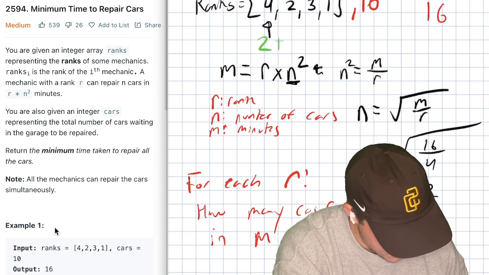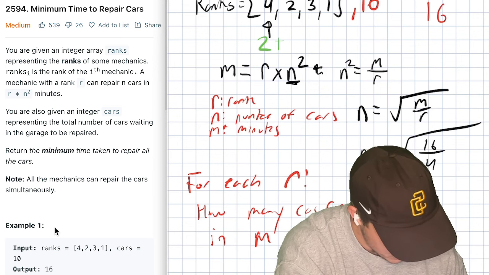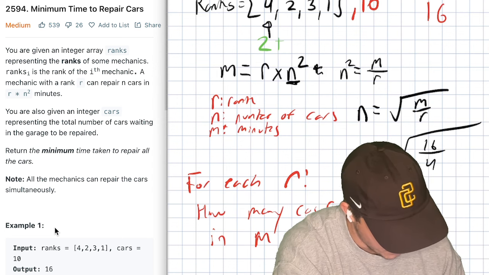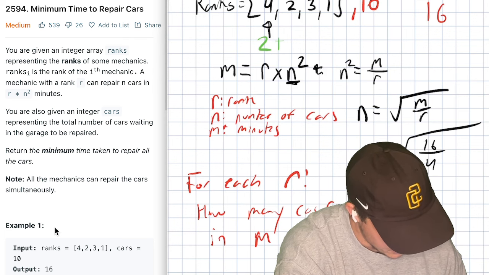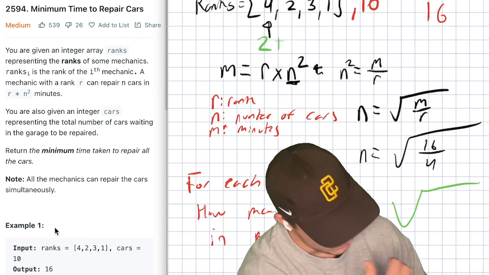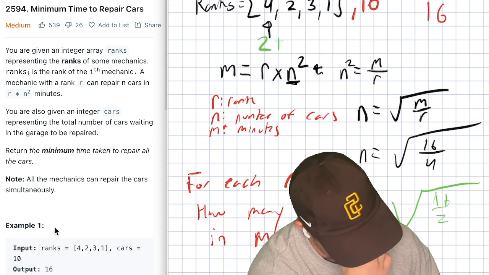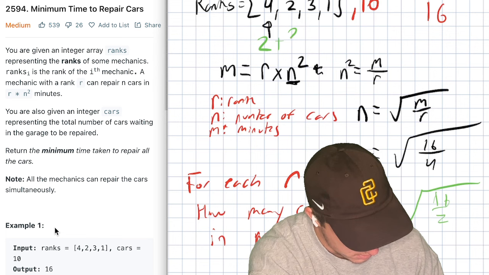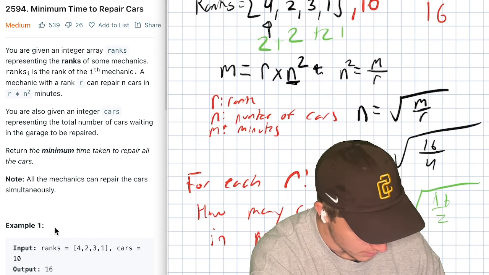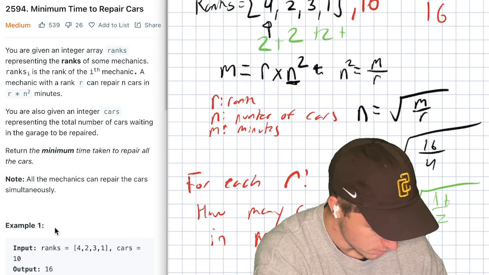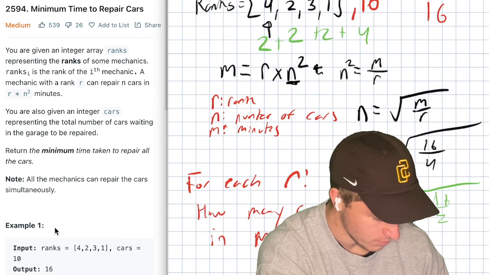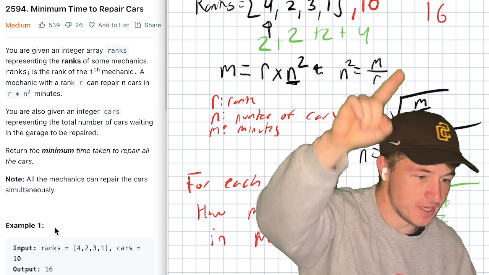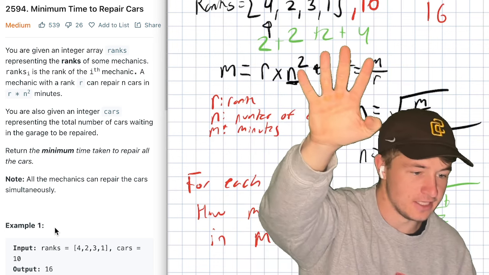The second guy has rank 2, so the higher their rank, the fewer cars, which makes sense. So the second guy gets the square root of 16 divided by 2, the square root of 8, which is like 2-ish. So I did really quick math, but if you evaluate these using this formula, you'll get these values, okay?